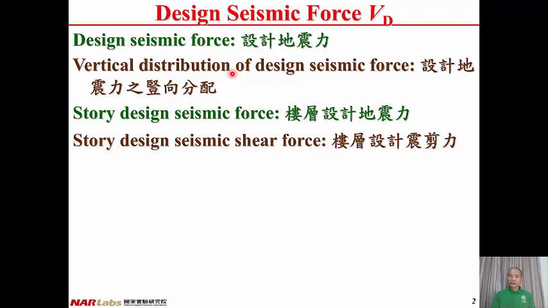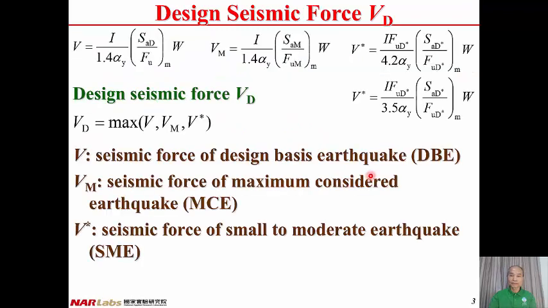After distribution, we have a story design seismic force, in Chinese, 楼层设计地震力. If we sum all the seismic force above the floor, then we can have story design seismic shear force, in Chinese, 楼层设计剪力, 楼层设计地震剪力.